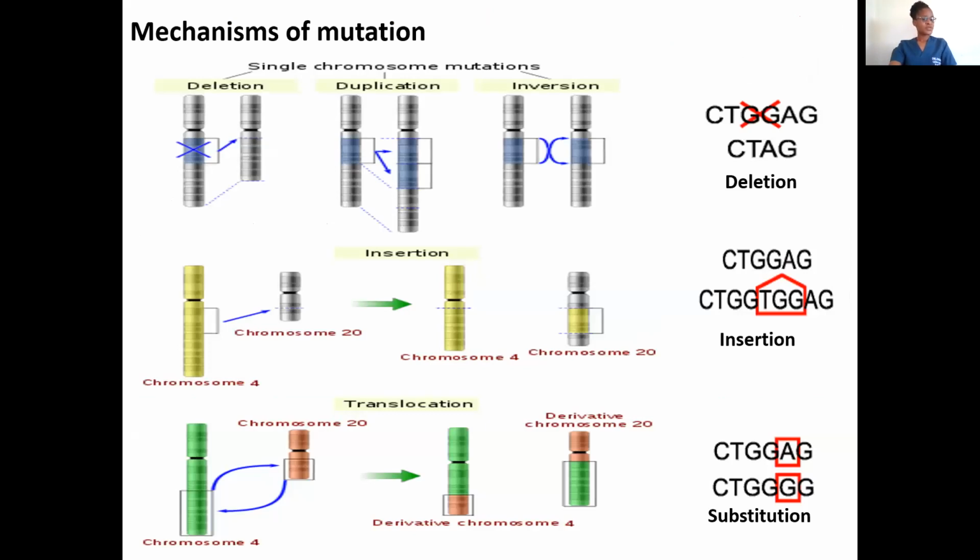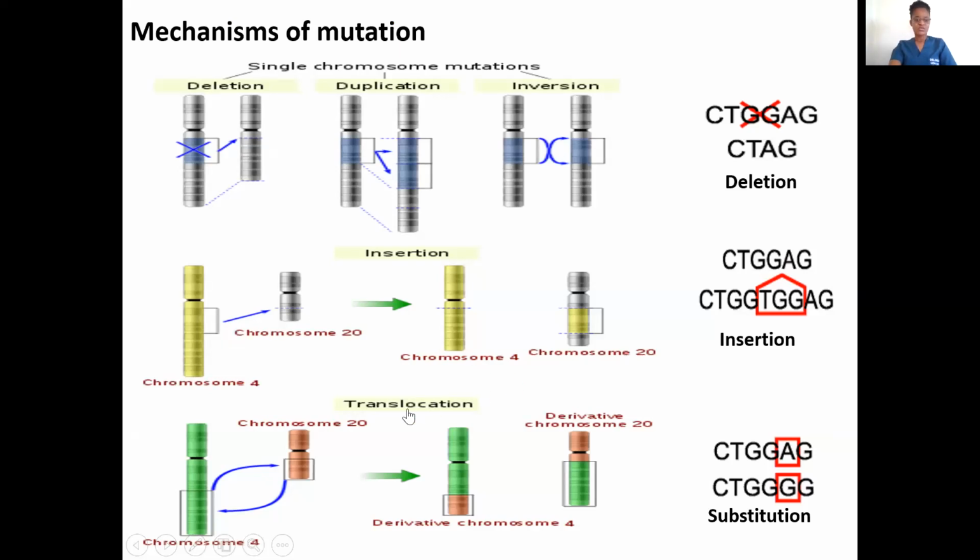We have different mechanisms of mutations. So we have deletions, we have duplications, we have inversions. This is whereby there is a mutation in only a single chromosome. Then we have insertion, whereby there is insertion of a particular gene.